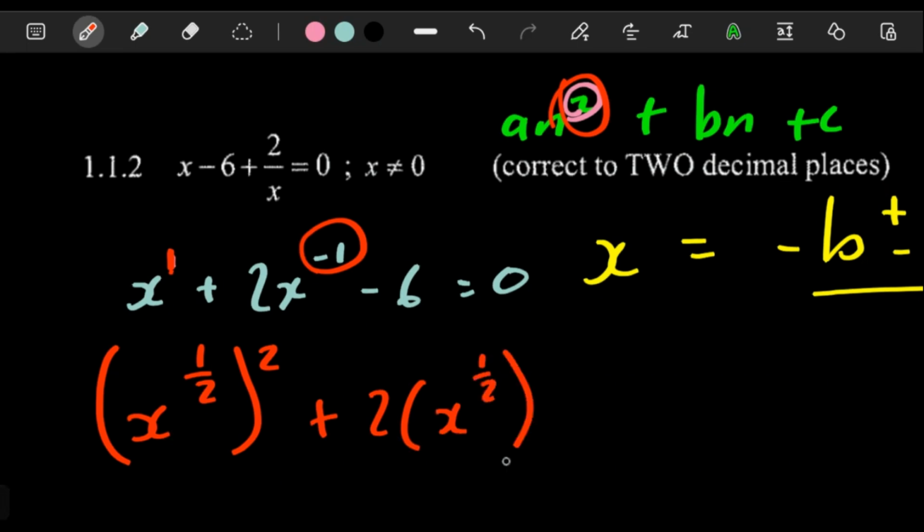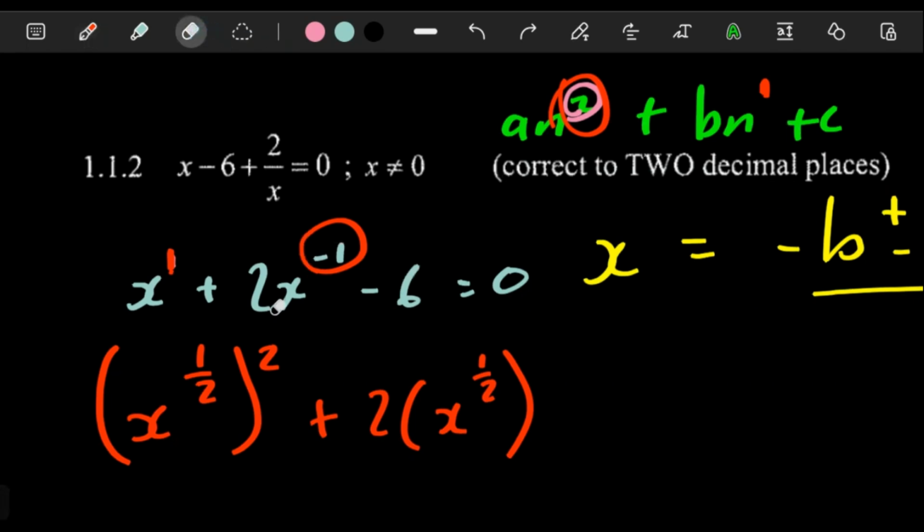But the only way we would get a negative 1 here is if you think, which number multiplied by 1 can give you a negative 1?